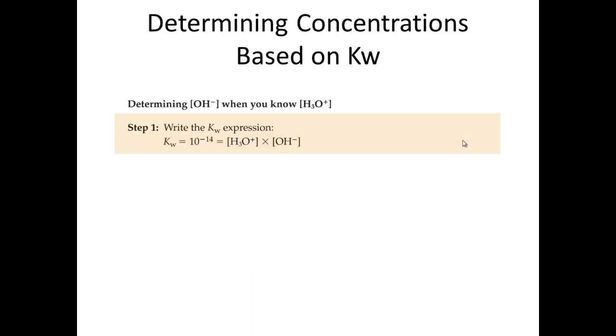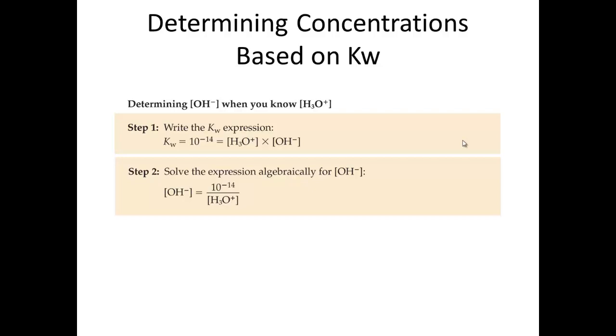So you can determine concentrations based on your Kw. Step number 1 is to pull out that magic number: Kw equals 1 times 10 to the negative 14, which equals your concentration of hydronium times your concentration of hydroxide. Step number 2 is to rearrange the equation depending on what you're solving for.